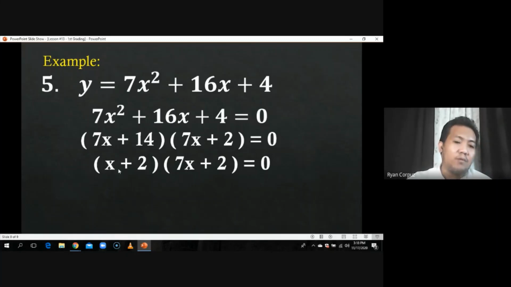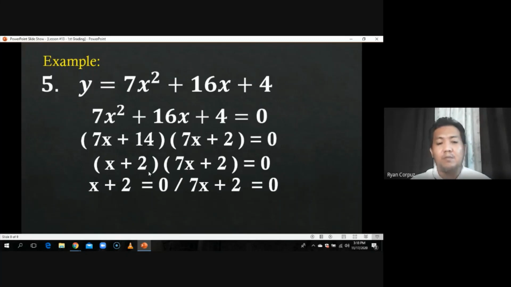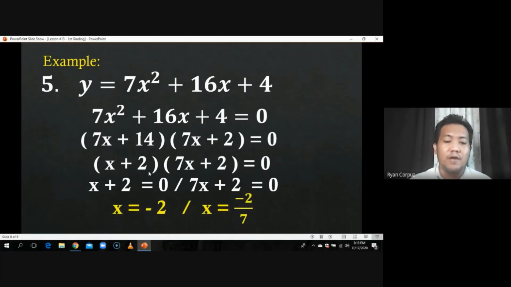It will come up with x plus 2 times the quantity 7x plus 2. Then applying zero product property, we come up with x plus 2 equal to 0 and 7x plus 2 equal to 0. Then solve for the values of the variable. We have x is equal to negative 2 and x is equal to negative 2 over 7.